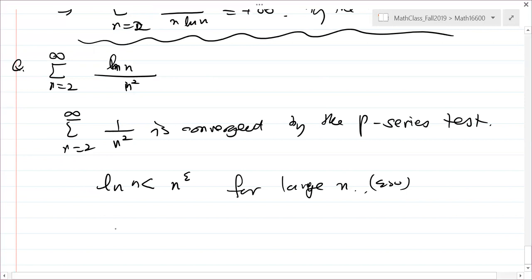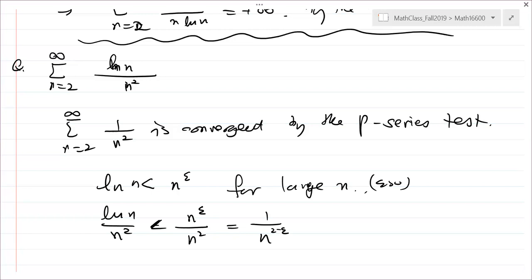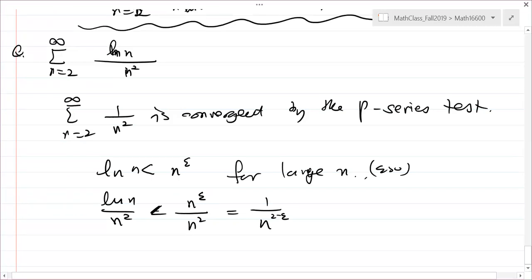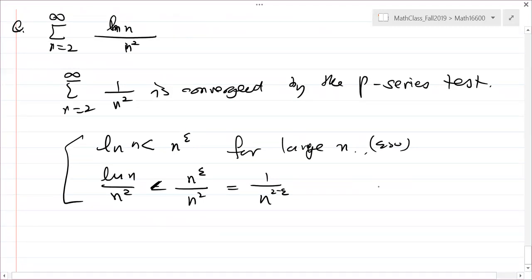So natural log of n over n squared is going to be less than n to the epsilon over n squared, which is n to the 2 minus epsilon. But 2 minus epsilon, as long as it's larger than 1, is convergent. We'll discuss this later, because this is not what I want to talk about. But from here, I can tell this is convergent. But I'm trying to find the proof. So I can let epsilon be 1/2, for example, right? Then 2 minus 1/2 is still greater than 1.